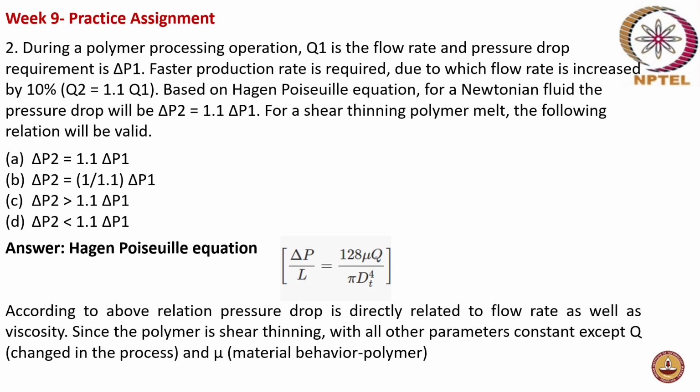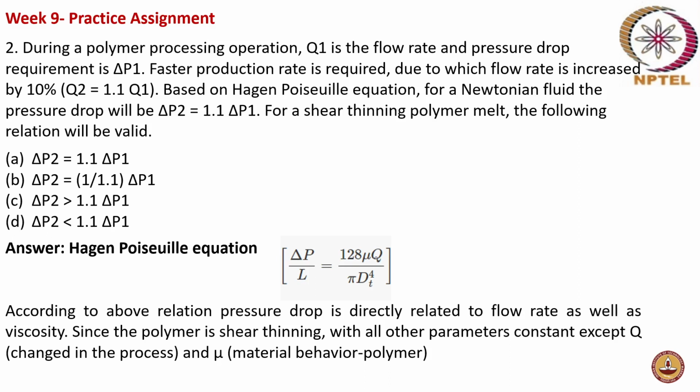According to the above relation, delta P, your pressure drop, is directly related to your flow rate as well as your viscosity. Since the polymer is shear thinning, keeping all other parameters constant, two things will change. One is the flow rate, which is changed from an initial flow rate to a 10% increase.